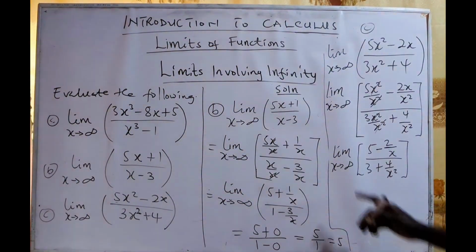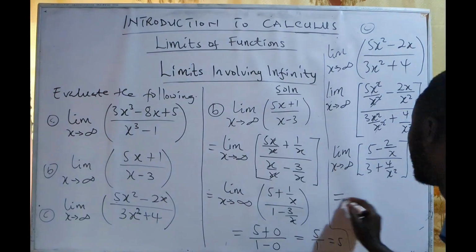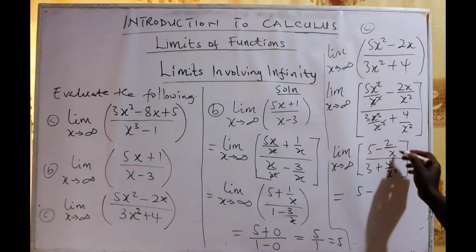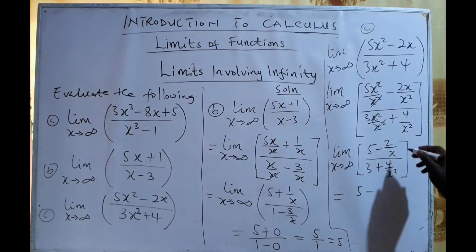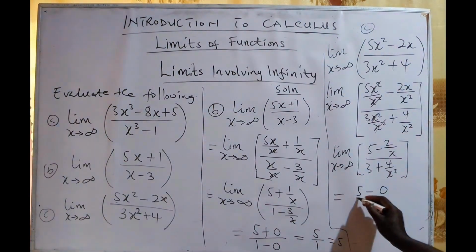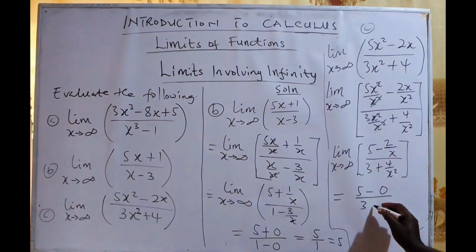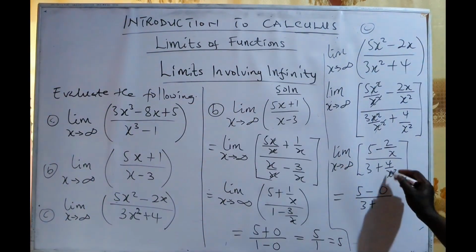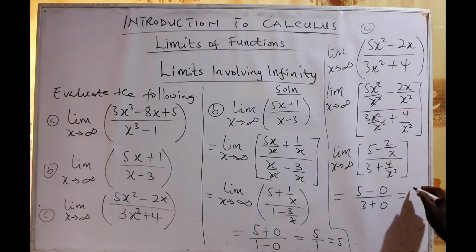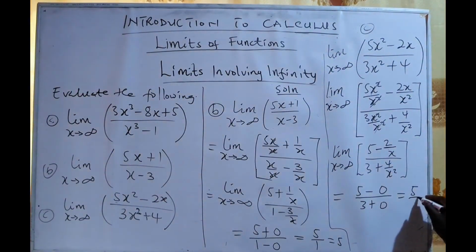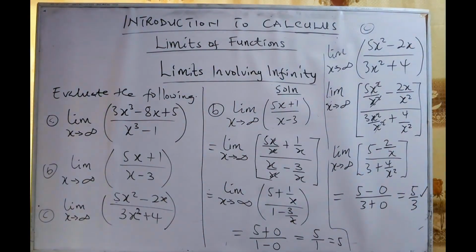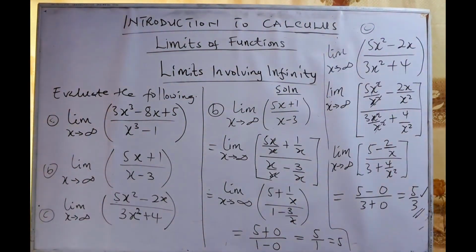Then as s approaches infinity, we have 5 minus 2 over x. So the infinity will be a denominator, so that will give me 0 over 3 plus 4 over s squared. That will also be 0. So I'm going to have 5 over 3. So my answer is going to be 5 over 3. Okay, as s approaches infinity.